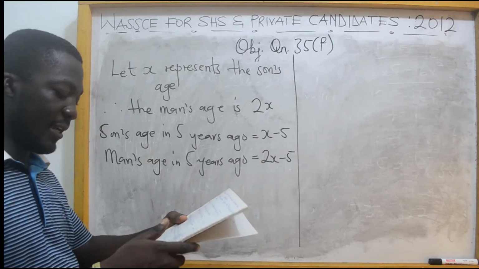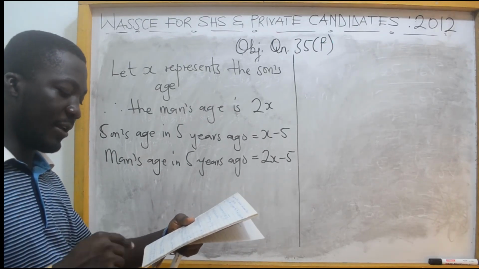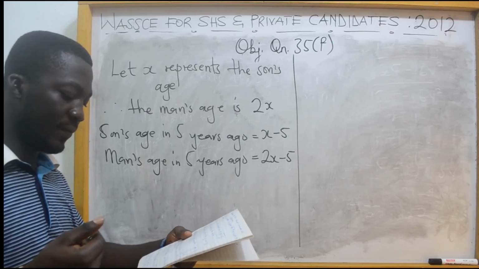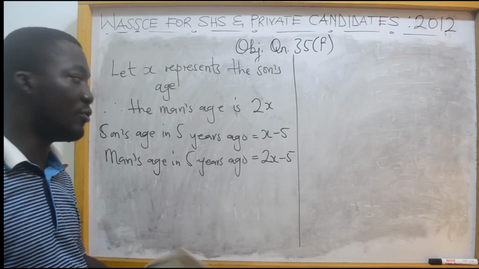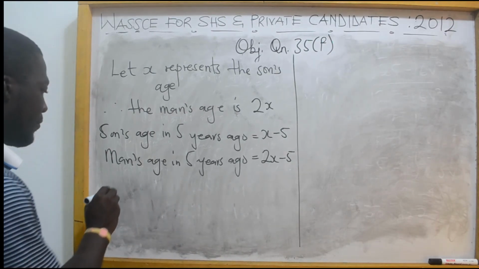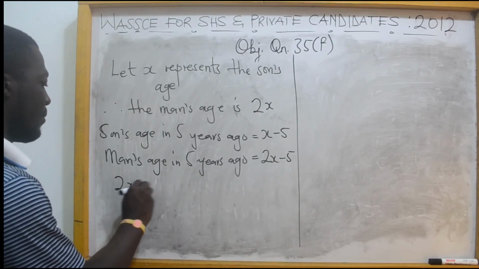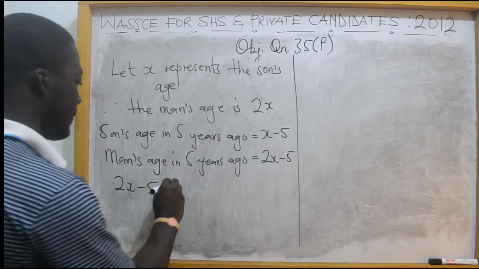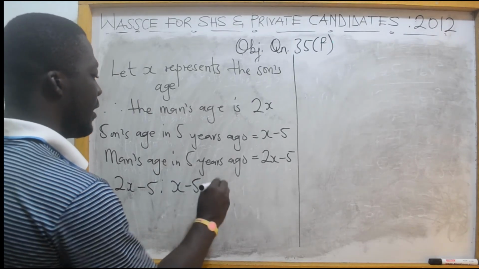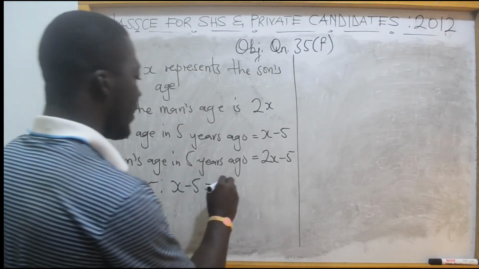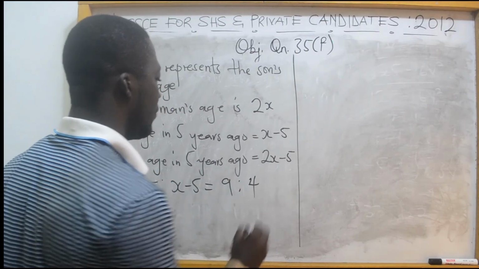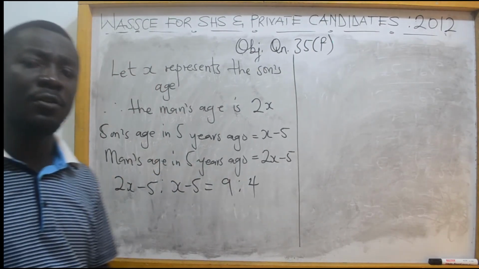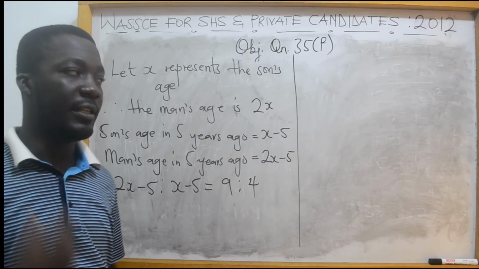And we are saying that the ages of the man and that of the son is in the ratio 9:4. So the man, which is 2x minus 5, and that of the son, which is x minus 5, are in the ratio 9:4.